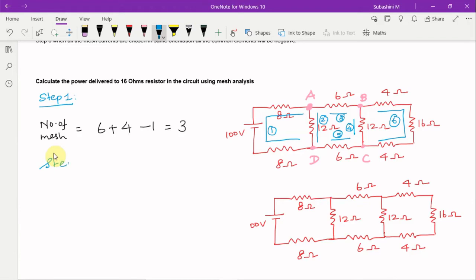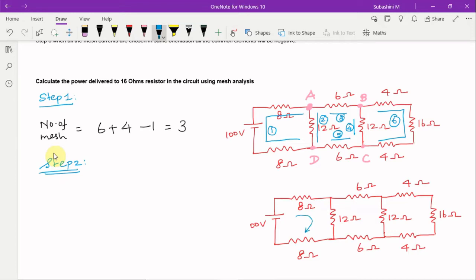Now coming to step 2, we have to assign an independent current for each of the meshes identified. We identified that the number of meshes in the circuit is 3, so we are going to assign current to 3 loops.